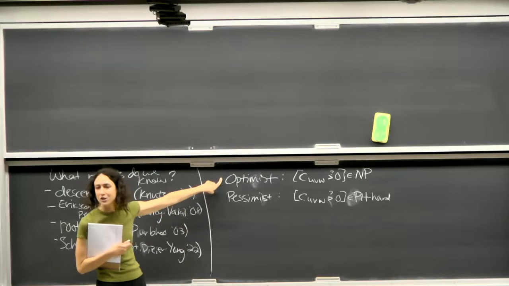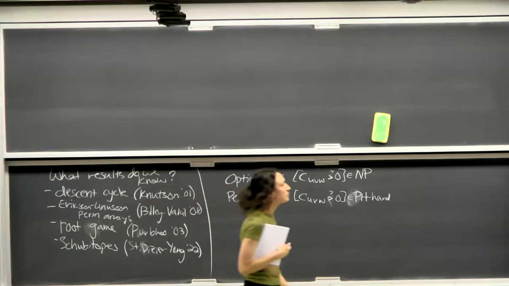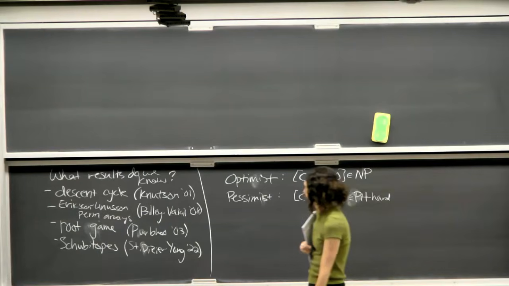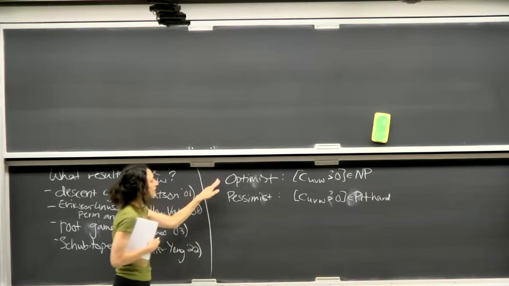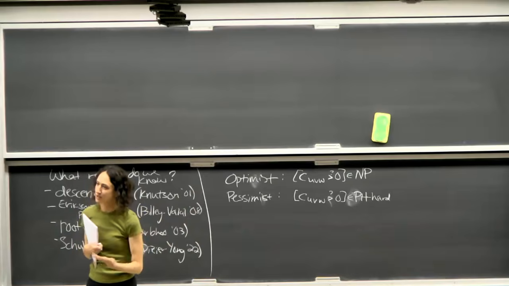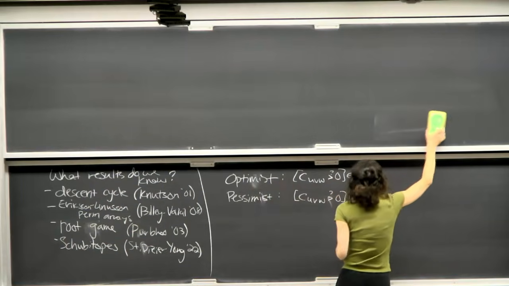Okay, and so we can turn to the optimist view and try to prove, even if we don't prove it's in NP, if we can get anywhere better than this, that would already be better, okay? And so we started along this path, but it's hard to know what you should do because we don't have any combinatorial structure that will cover all of the NP, at least not on its face, okay?